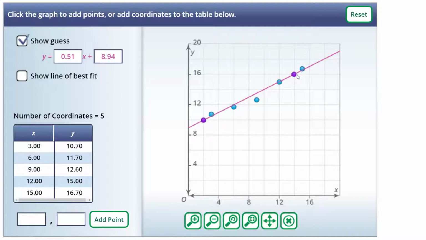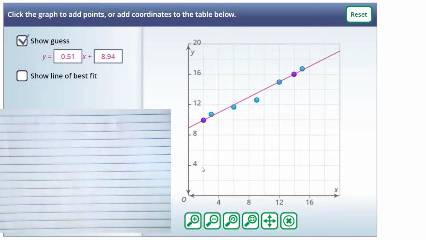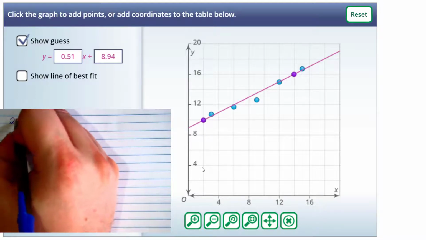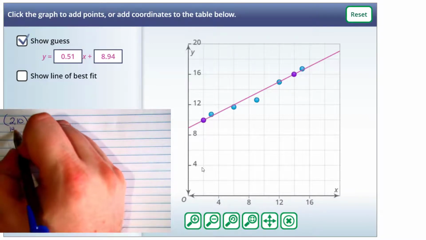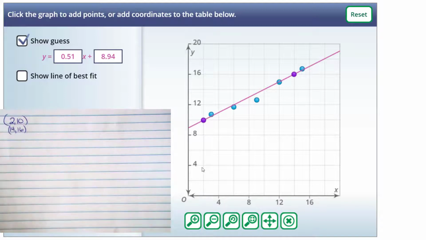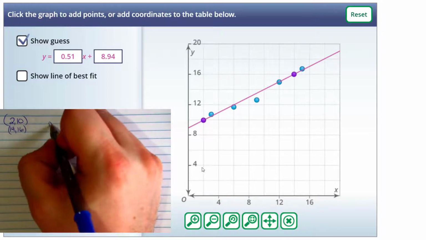We learned from our previous unit that anytime we have 2 ordered pairs, we can calculate a line. And so, I have one ordered pair that is 2, 10. I have another ordered pair that is 14, 16. And so we're going to use our slope formula.